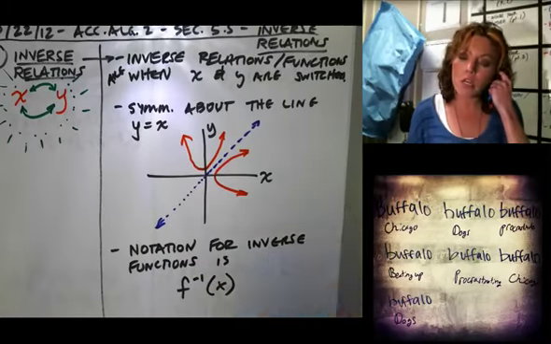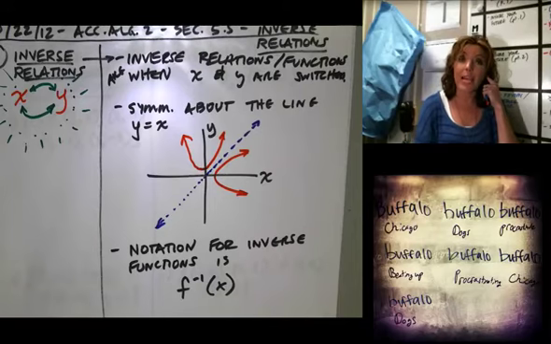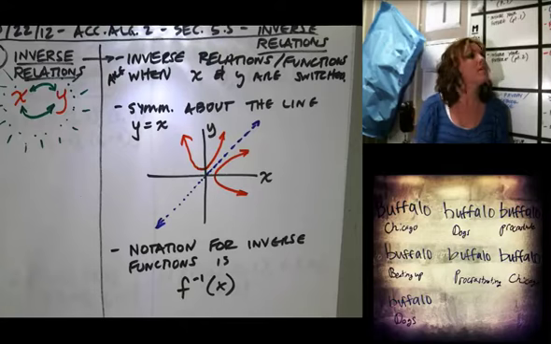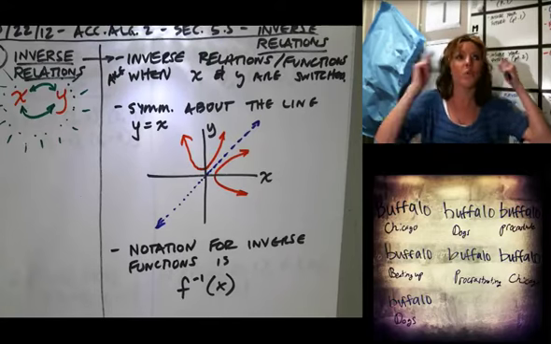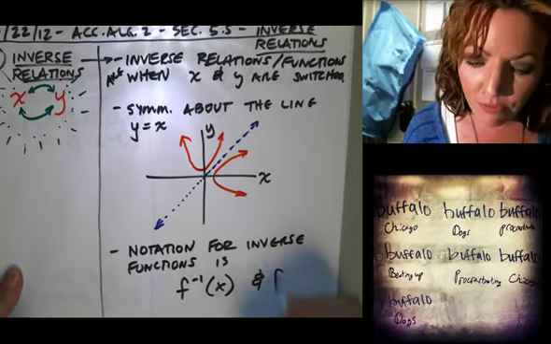Okay, so f -1 of x, that's the way we say inverse. So anytime you see an exponent of -1 on functions, that is inverse function. So that should be a key to you that x and y have been flip-flopped in some way. So f -1 of x and f of x are inverses of each other.